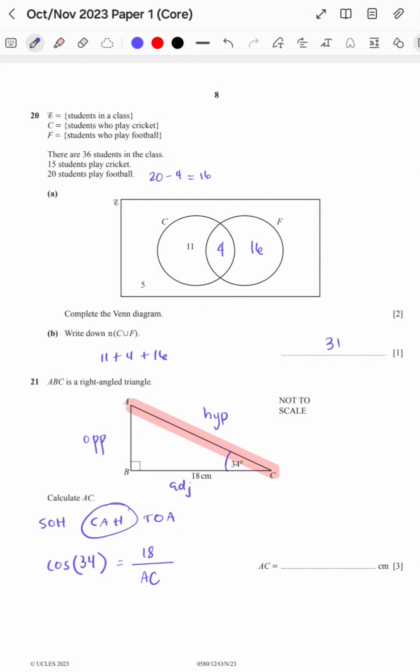Multiply both sides by AC and then divide by cosine 34. We get AC is equal to 18 all over cosine of 34. 18 divided by cosine of 34. So that's 21.7 centimeters.